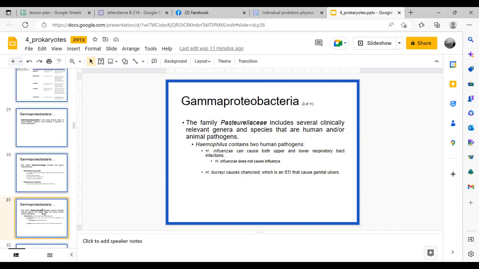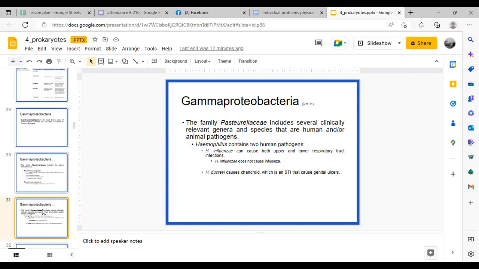Okay, so another family, you have Pasteurellaceae. So this includes several clinically relevant genera and species that are human or animal pathogens. So among this, in the genus Haemophilus, you have Haemophilus influenzae.